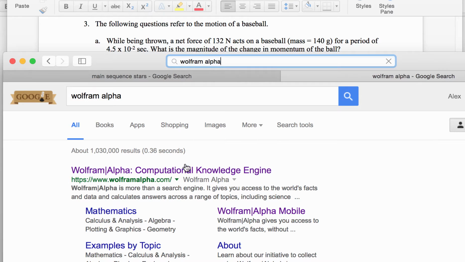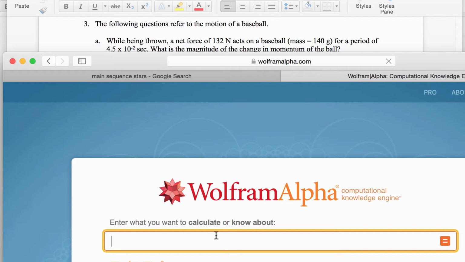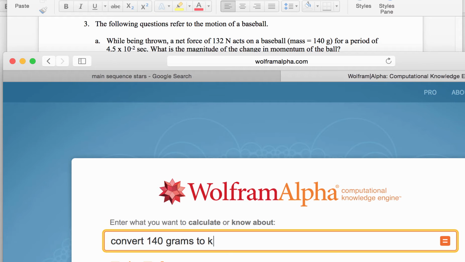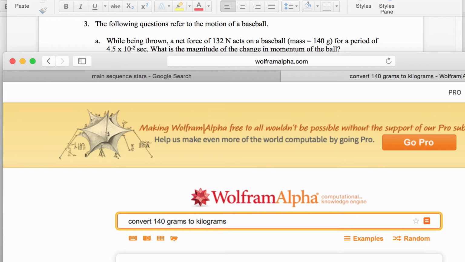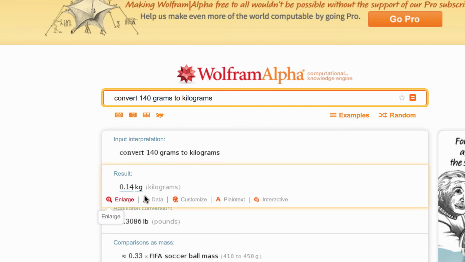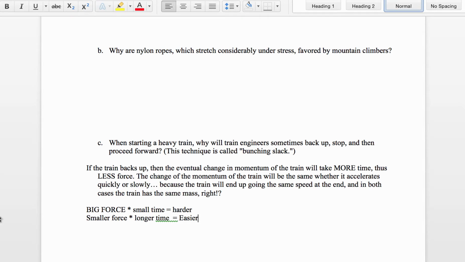It can solve things for you. You just type in convert 140 grams to kilograms. It gives you 0.14, or in pounds or whatever.